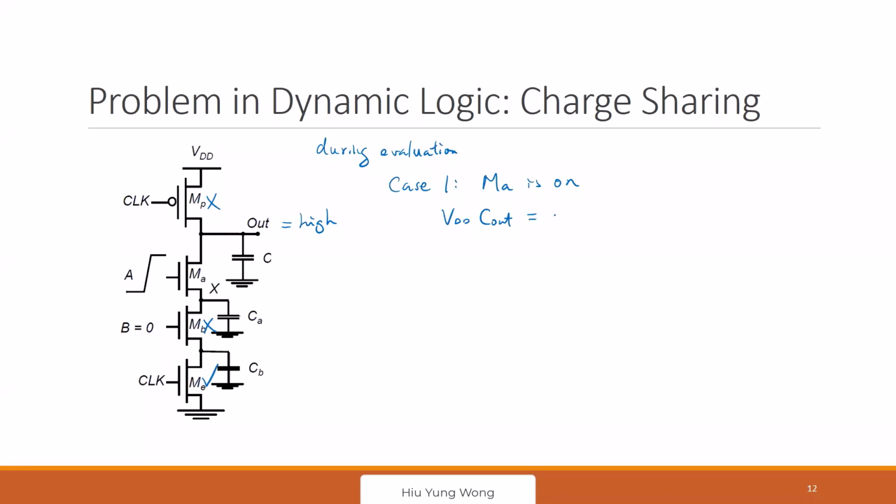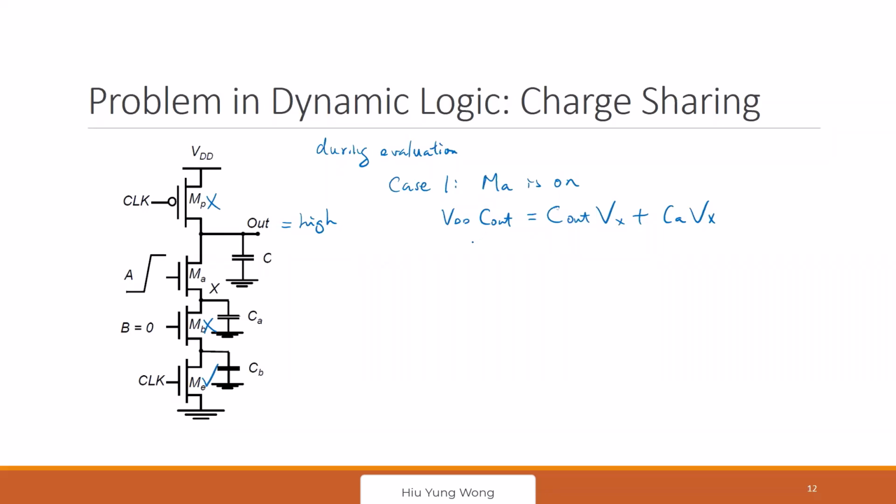But after sharing, it becomes Vx. C out times Vx plus Ca times Vx, right? Because after charge sharing, they become the same potential if MA is always on, right? So the total charge is constant.